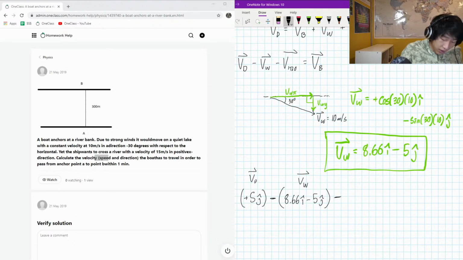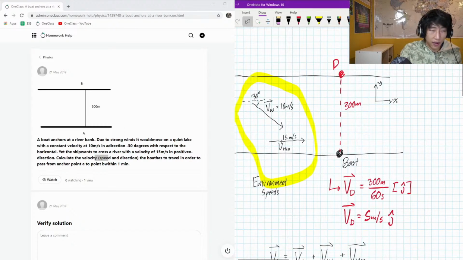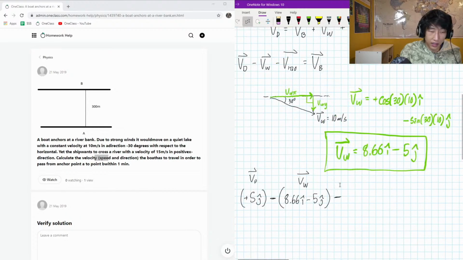We also got to do another subtraction. That's going to be the velocity of the water. How fast is the water moving? And that's going to be 15 in the positive I direction. And we're going to keep that in the brackets. Positive 15 I. But don't forget about that negative out front. Okay, so that's VH2O.